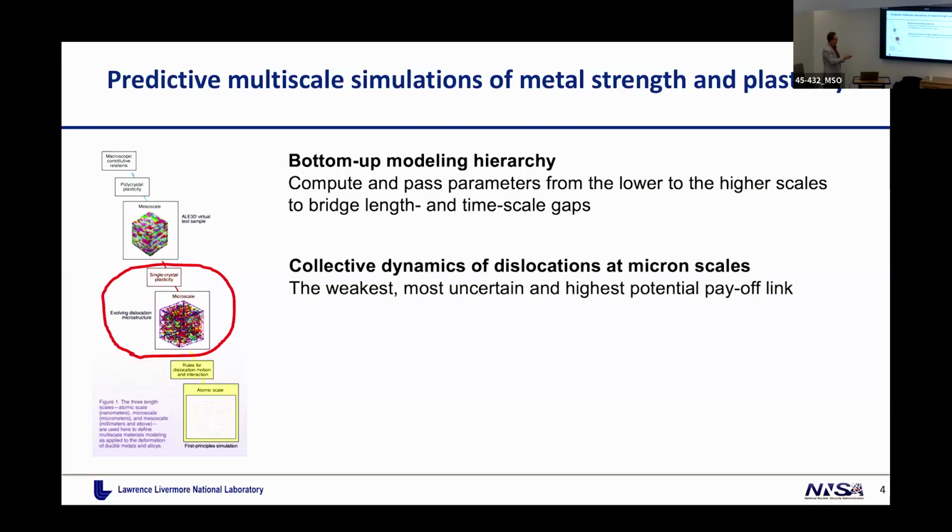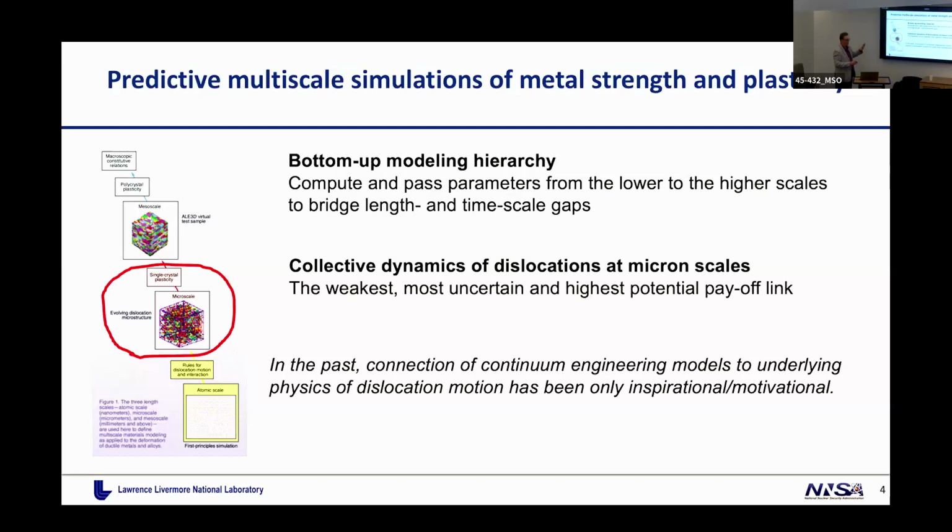But when it comes to strength, it was realized that this is where, as the Russian proverb goes, the dog is buried, okay? So this is the critical, least understood link in this hierarchy, the mesoscale, how dislocations behave in large numbers, in large quantities, and so on. And so collective dynamics of dislocations at this intermediate mesoscale was the weakest, least certain, but probably also potentially greatest payoff link in this hierarchy.